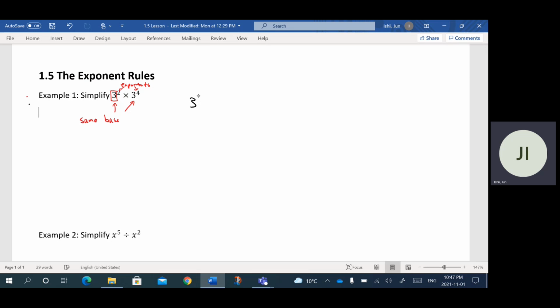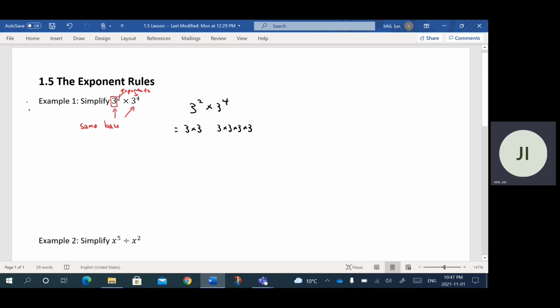So I have 3 squared times 3 to the 4th. Now 3 squared is the same as 3 times 3, and 3 to the 4th is 3 times 3 times 3 times 3. It's basically repeated multiplication. If I multiply it together, this is going to equal 3 times itself 6 times.